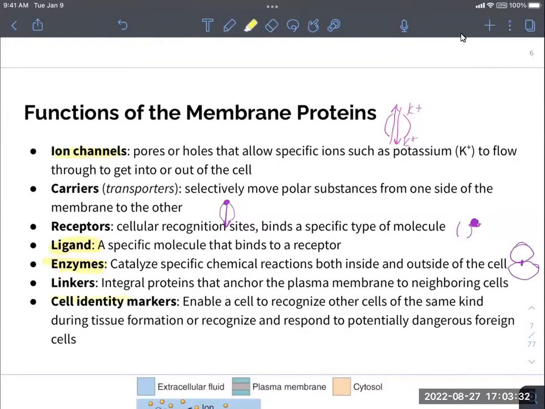We have cell identity markers. These are specific receptors on cells that identify the cells as our own cells instead of some kind of foreign cell. That way our body knows, oh, we need to destroy these foreign cells. They do not belong here. Let's get rid of them.